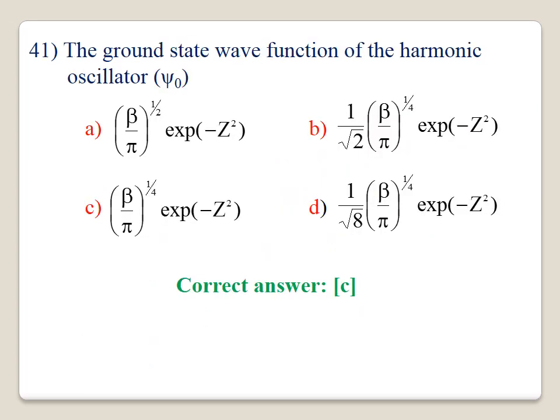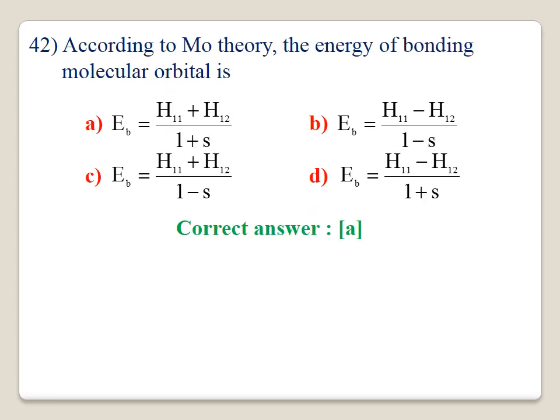41. The ground state wave function of harmonic oscillator psi 0. The correct option is C, alpha by pi whole power 1 by 4 exponential minus z square. Option C is correct. Correct answer is C. 42.